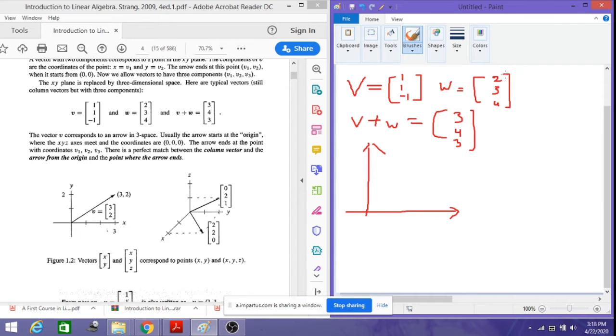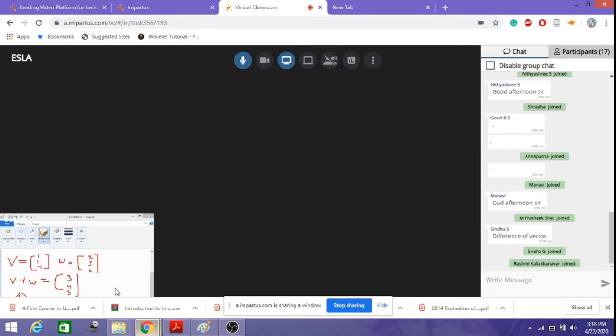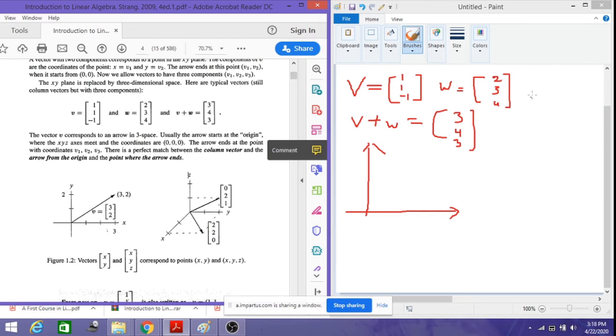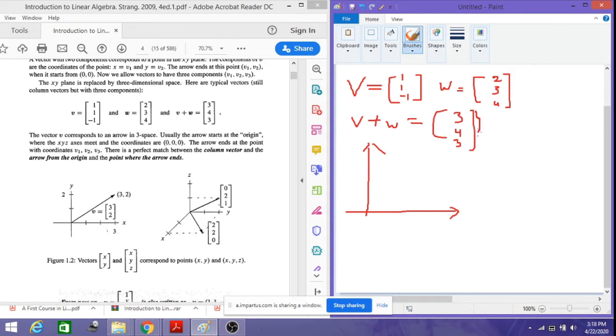For two dimensions, we'll just take the first two components. Then for three dimensions, we'll take all three components. So if I just take the 3 and 4, the first two components of this addition vector, then I'll get this in the two axes on the xy plane like this.